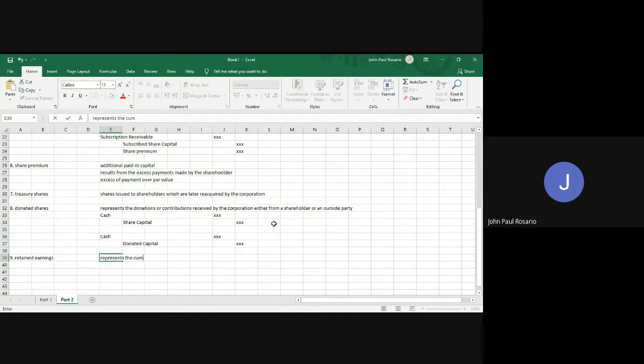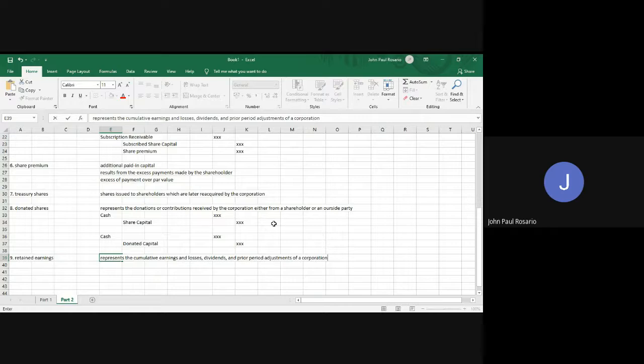And lastly, for our retained earnings, this represents the cumulative earnings and losses, dividends, and prior period adjustments of a corporation.